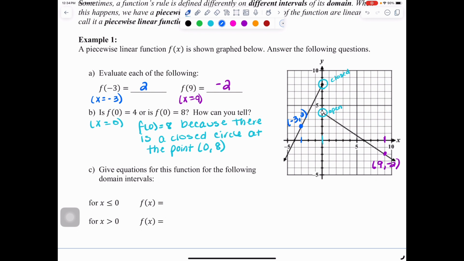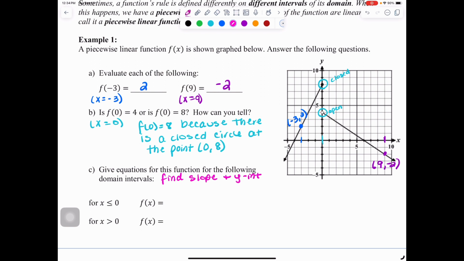Since each of those pieces is linear, we already have a background on how to write the equation of a line. We want to put it in the form y equals mx plus b. So that means we need to find the slope and we need to find the y-intercept. So we'll make that note: find slope and y-intercept.